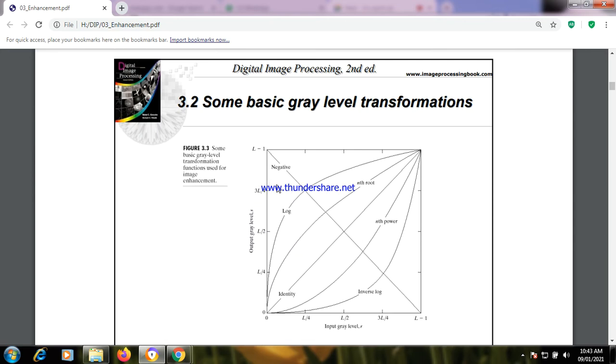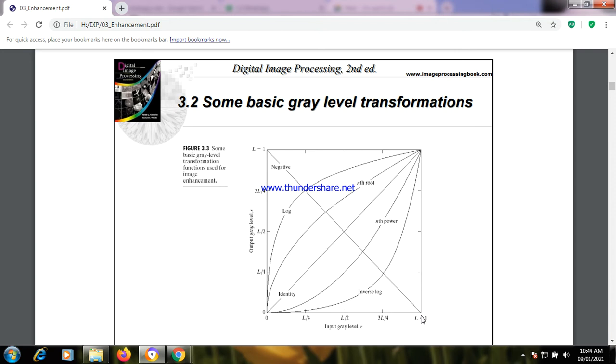In image negative transformation, just concentrate on this line. This is the negative image. R is related to your input image, the input gray level. This is the intensity gray level, and what is the range here? 0 to L minus 1.